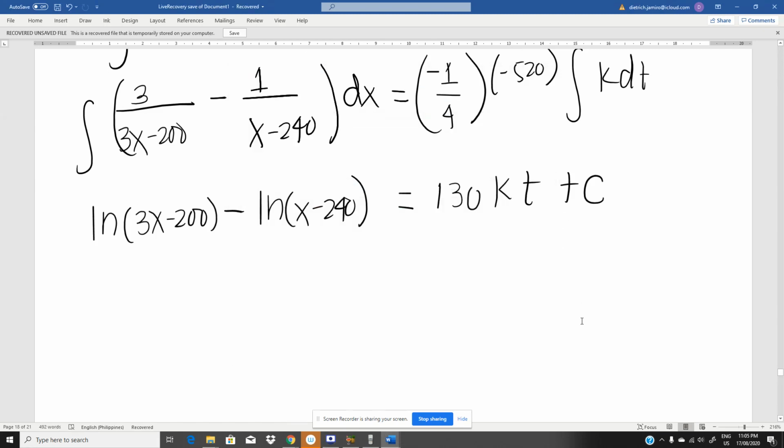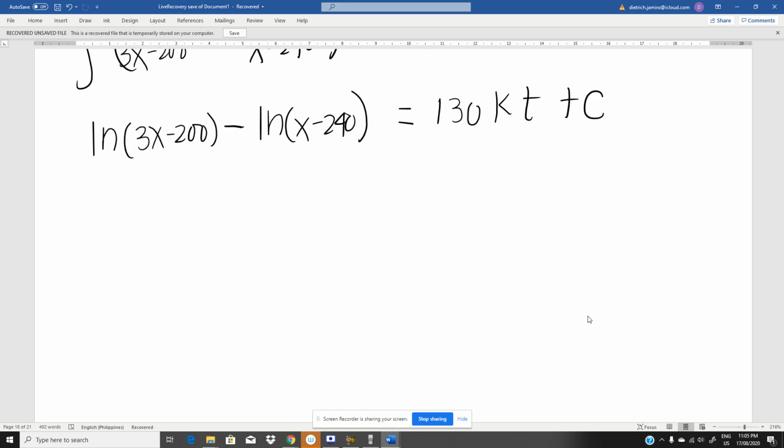I've just made a mistake, so it should be negative 130 kt.